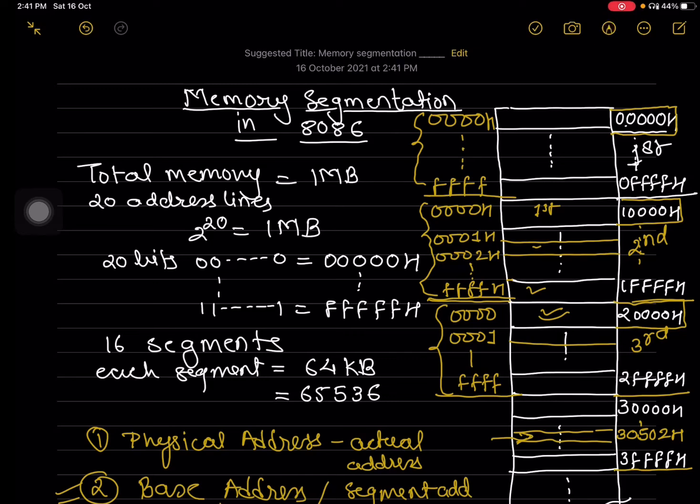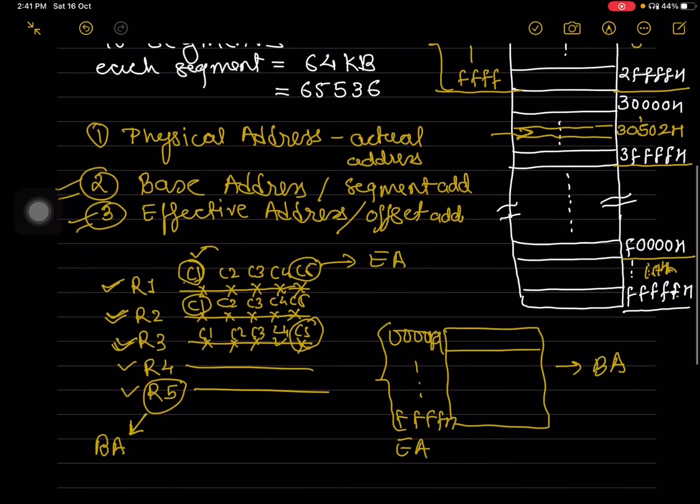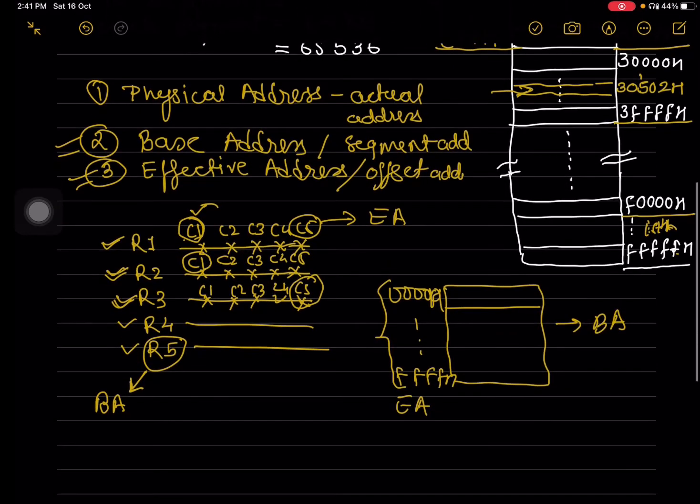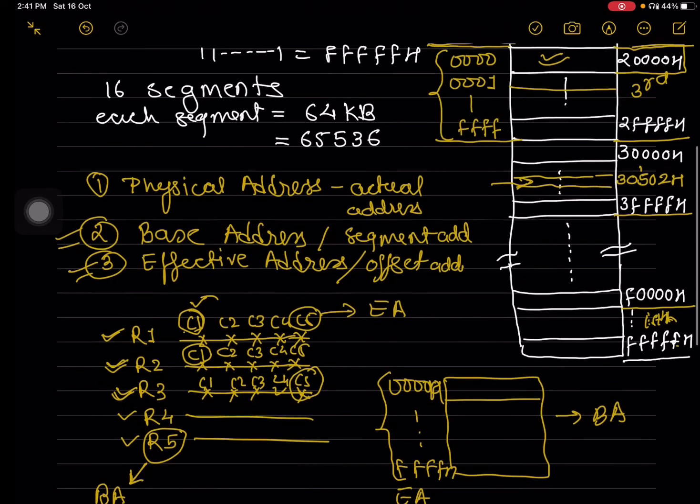So the memory access becomes faster and easier with this row-column concept. Memory segmentation makes access of a memory location faster and easier.